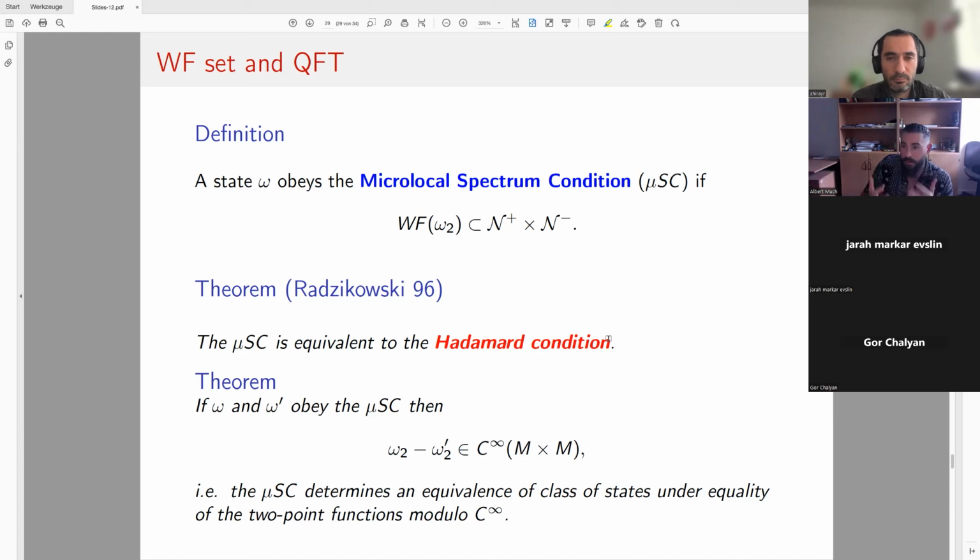These states are equivalent to states that fulfill the micro-local spectrum condition, and the micro-local spectrum condition is basically telling you this state is very similar to the singularity structure of Minkowski. And if you take two different states that obey the micro-local spectrum condition, the difference is C infinity, which basically means the wavefront set of that is vanishing.